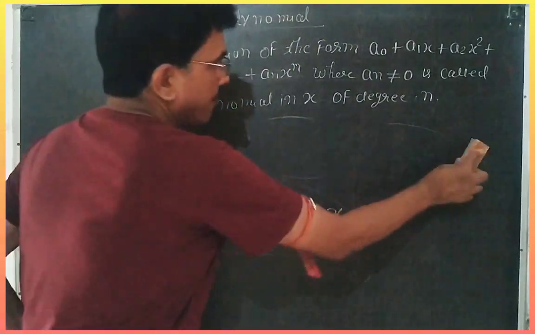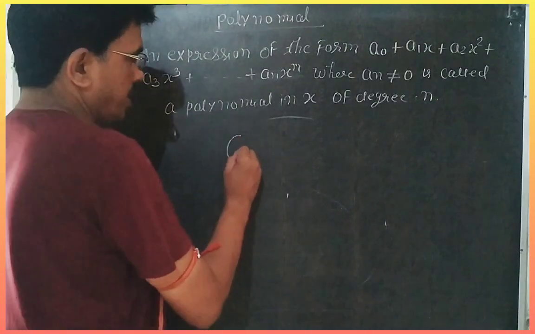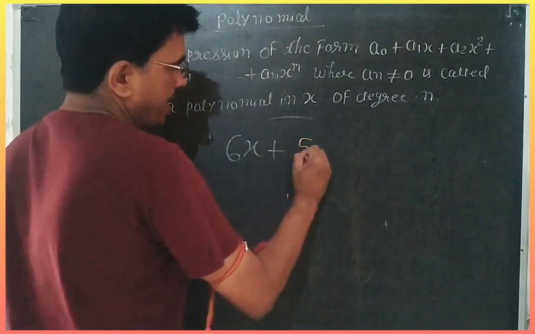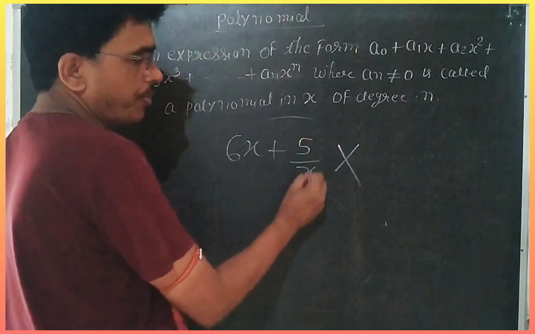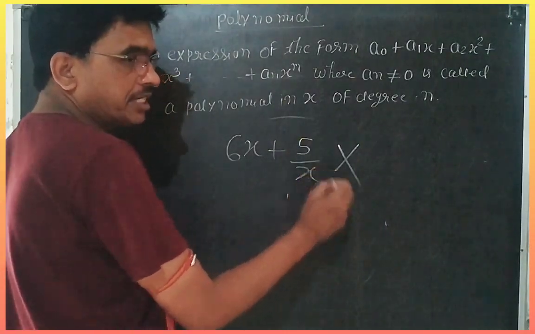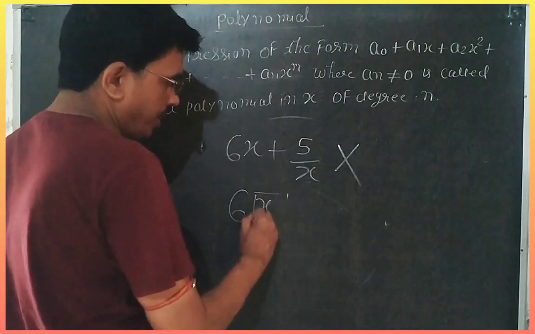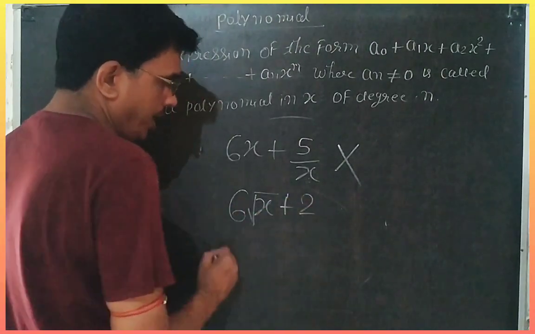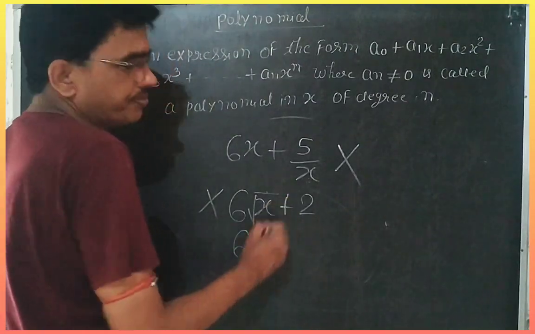I give some examples. You write here 6x plus 5 by x. It is not a polynomial because x is in the reciprocal form and the degree of this x is minus 1. Similarly, you write 6 root x plus 2. It is not a polynomial because the degree of x is 1 by 2.